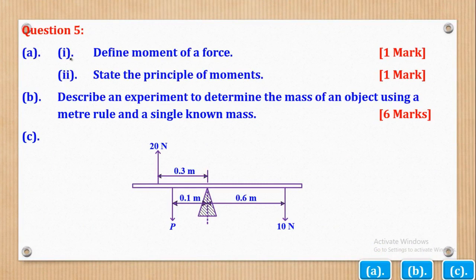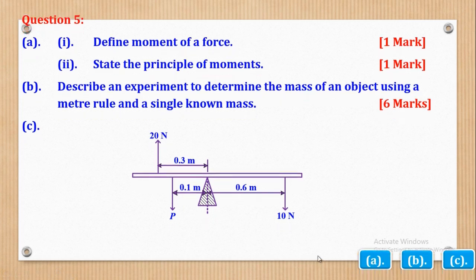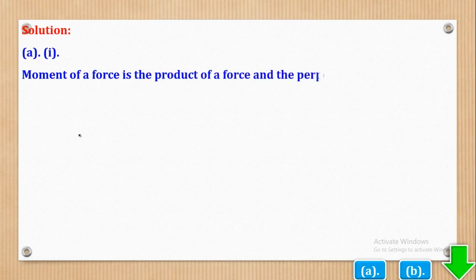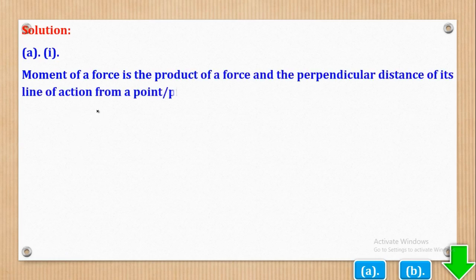Question 5 part A, Roman 1 says, define moment of a force, and Roman 2, state the principle of moments. So the moment of a force is the product of a force and the perpendicular distance of its line of action from the point or a pivot.